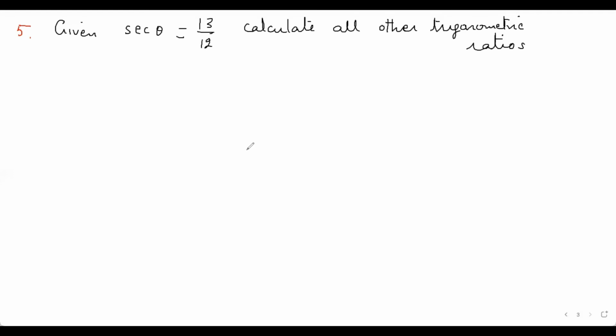I'm going to solve question number 5. Question is, given sec theta is equal to 13 by 12, calculate all other trigonometric ratios. I'm going to draw a right angle triangle. Now this is right angle triangle at B, and angle C is theta. Now sec theta is given 13 by 12.